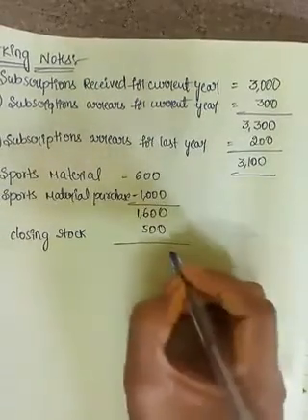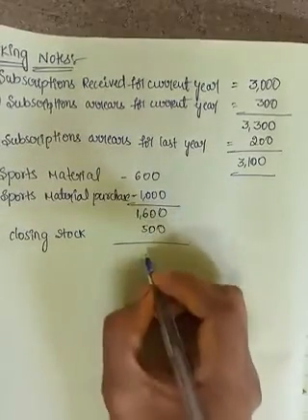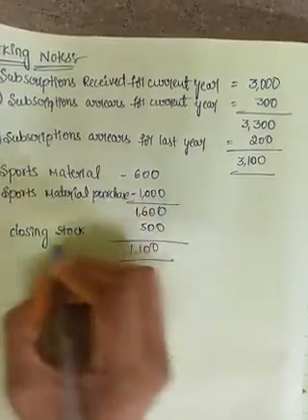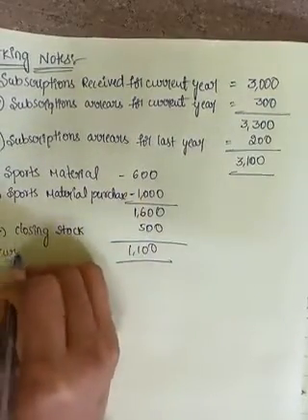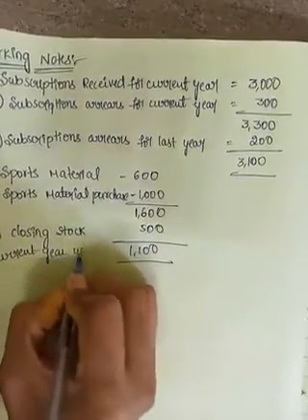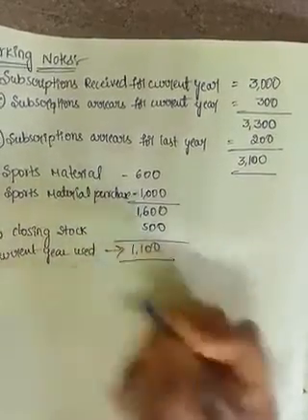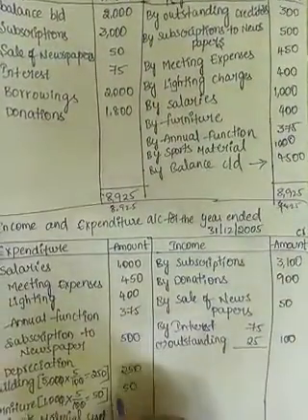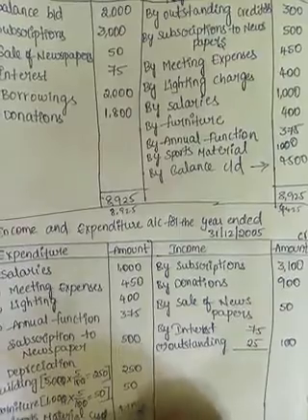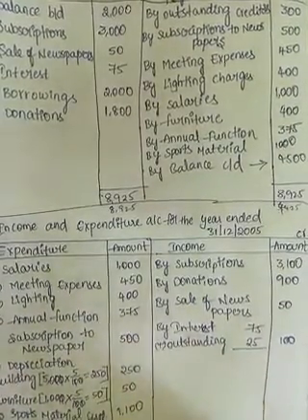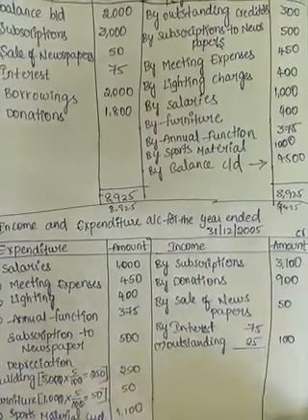Then the remaining, 1600 minus 500, is 1100. This 1100 is the current year's use. Sports material used is 1100.